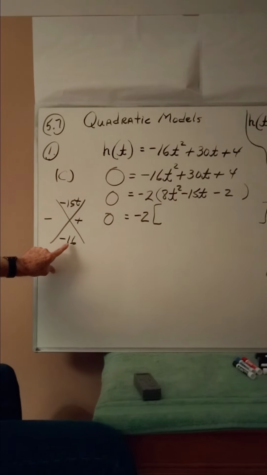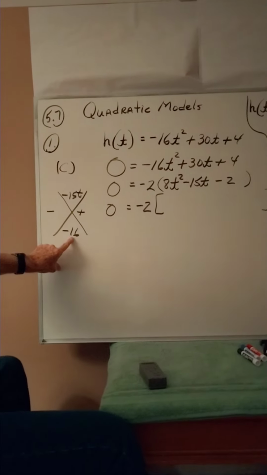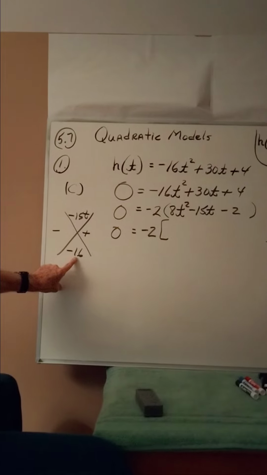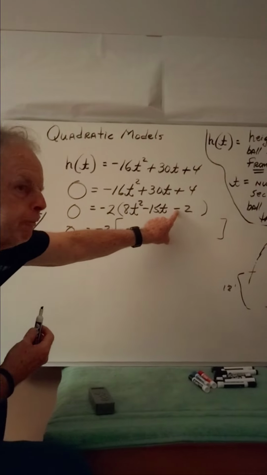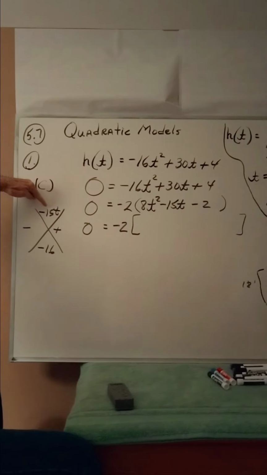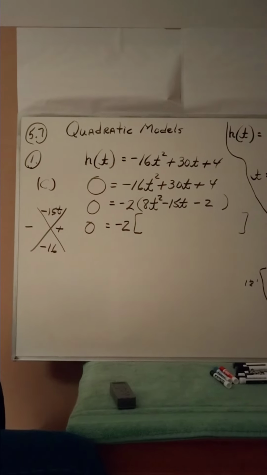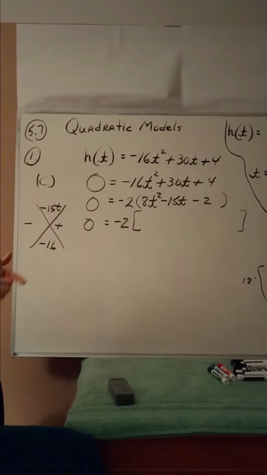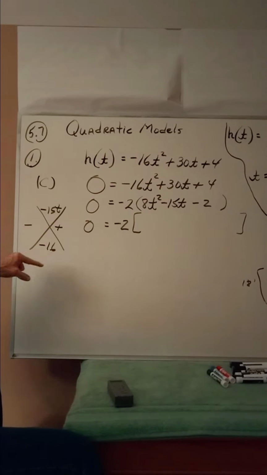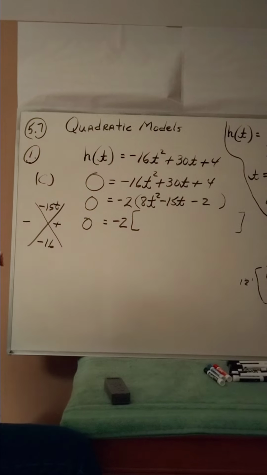Now, we need to come up with 2 factors of 16 that, when subtracted from one another, will give us 15. Well, that's got to be 16 and 1, because 16 times 1 is 16, and 16 minus 1 is 15.